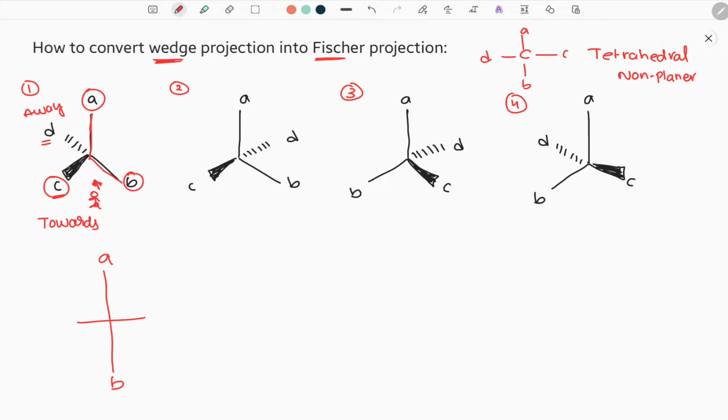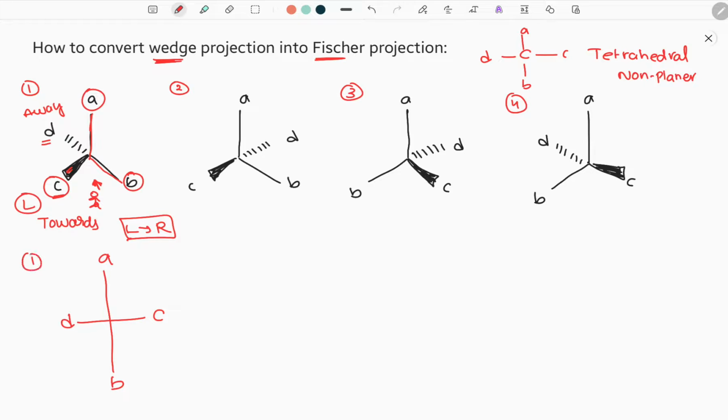The thick line is on the left-hand side to us, so we write it on the right-hand side. So left is converted into right. The element on the left side in the wedge projection will be written on the right side in the Fischer projection formula. The remaining will come here like this.